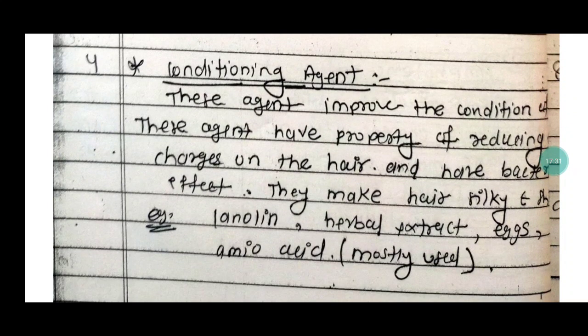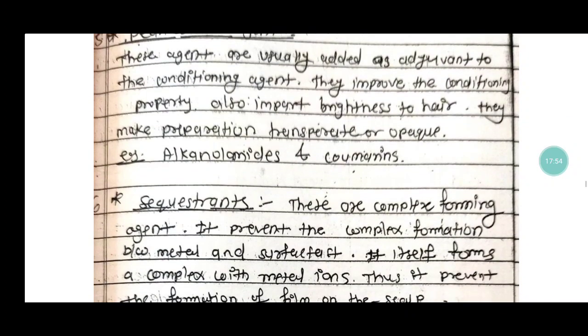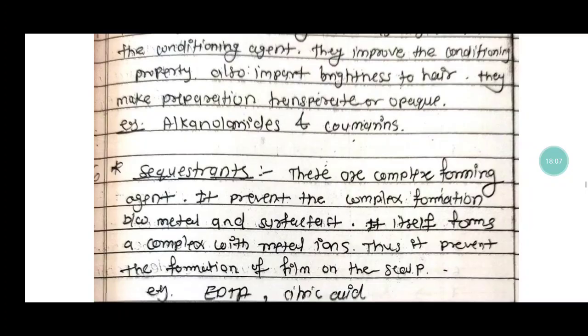Conditioning agents are added to the formulation, and pearlescent agents are usually added adjacent to the conditioning agent. They improve the conditioning property and also impart brightness to the hair. They make preparations transparent or opaque, for example alkanolamides, etc. Then sequestrants: these are complex-forming agents that prevent complex formation between metals and the surfactant.